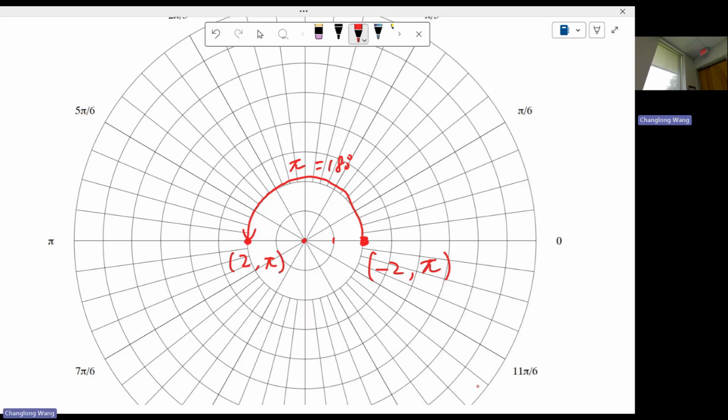Well, this is why you will always find that polar coordinates, or even some other coordinates you have to learn in the future, like spherical coordinates and cylindrical coordinates, are not unique. By unique, I mean there will be infinitely many pairs of coordinate data associated with the same point in space. It depends on what kind of coordinate data you like.